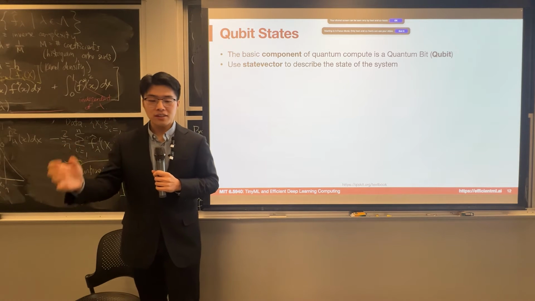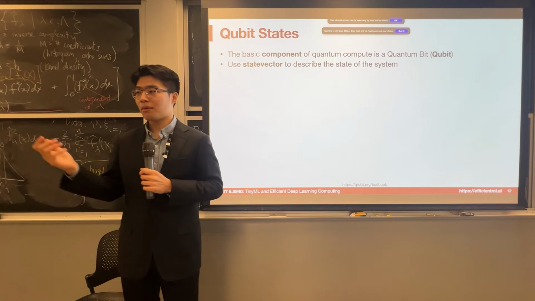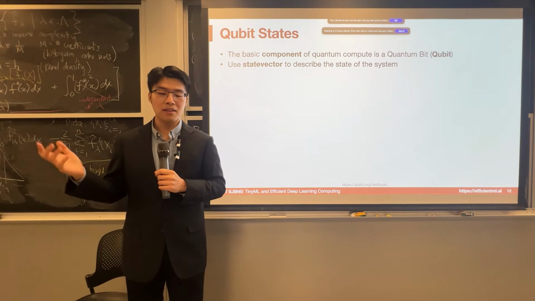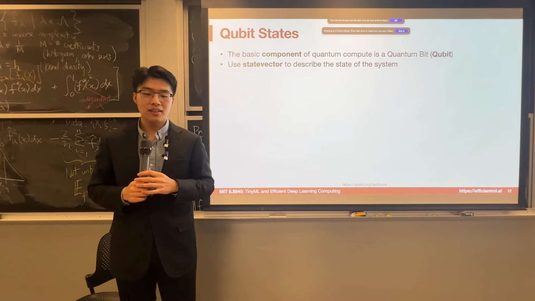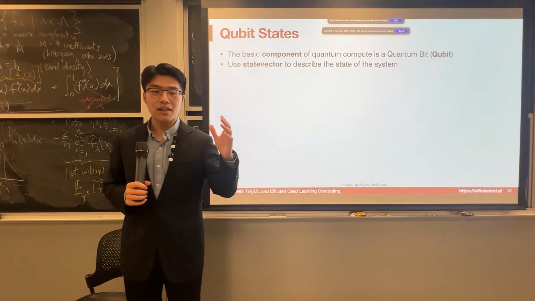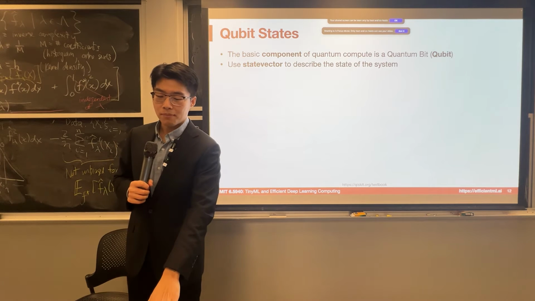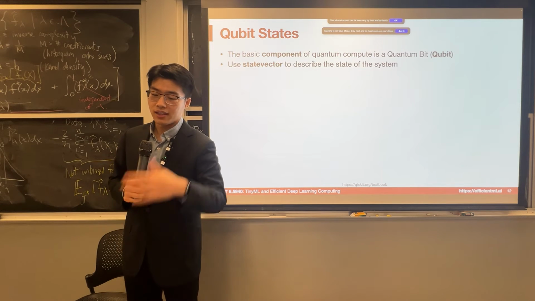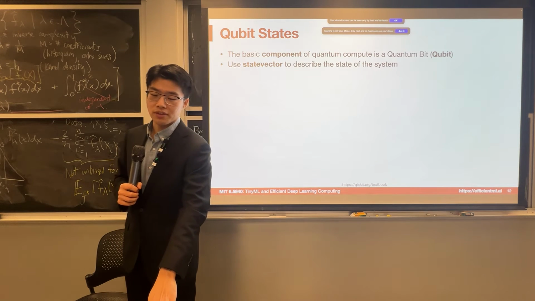In order to understand what exactly the state is representing, we use some mathematical tools to represent it. Here we call it a state vector, because it can be described by a vector of all the information of the system.